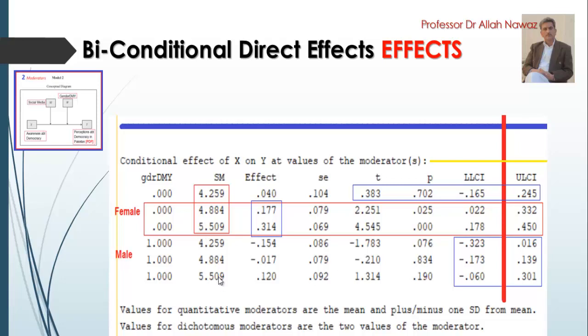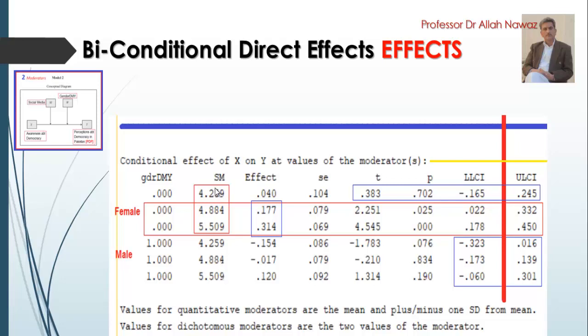We can see that both the moderators, SM and gender, have been used, meaning that these three results are about the gender female, while these three results are about the gender male.